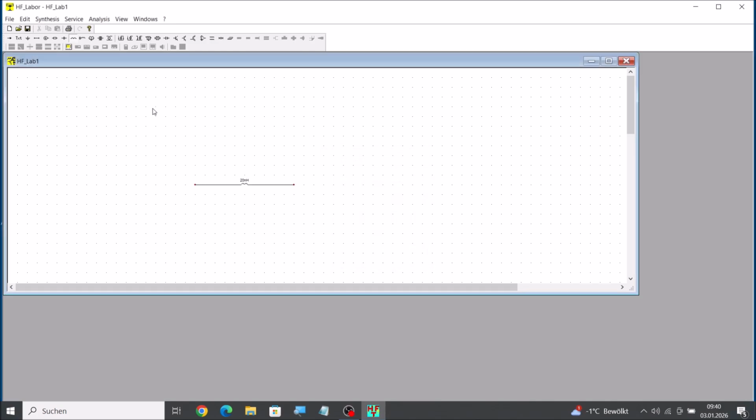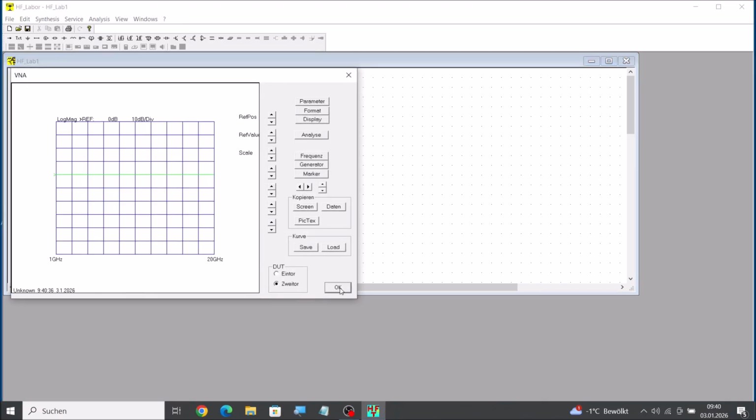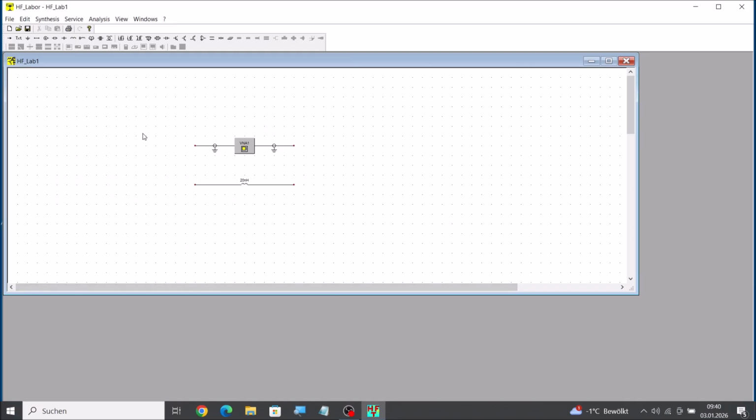As measurement equipment we again use our network analyzer, we put the network analyzer here, and we connect it with the connections to our inductor.